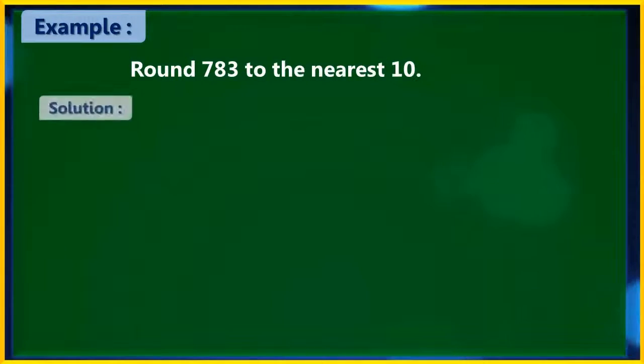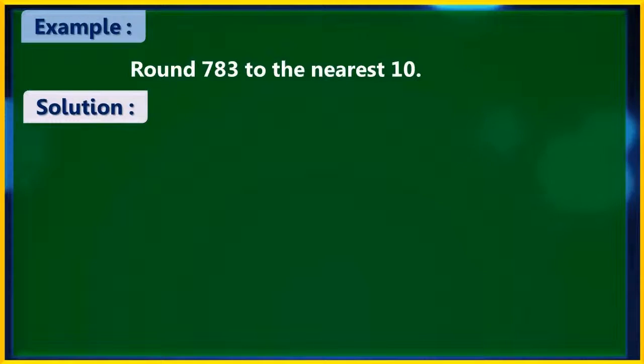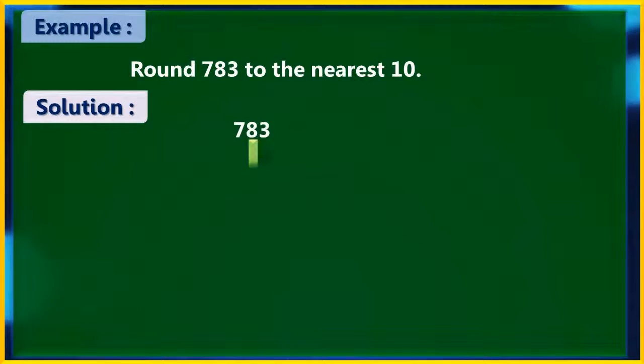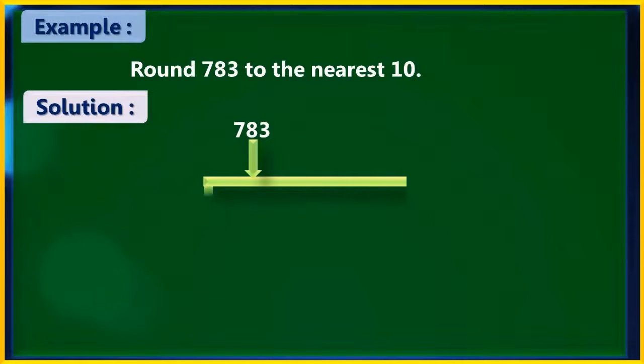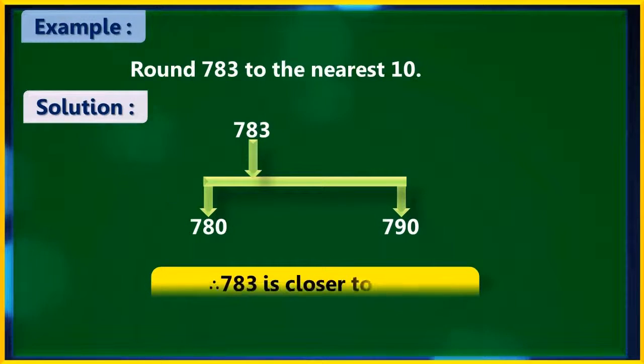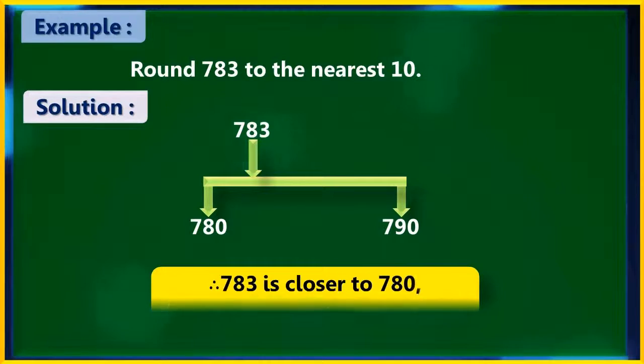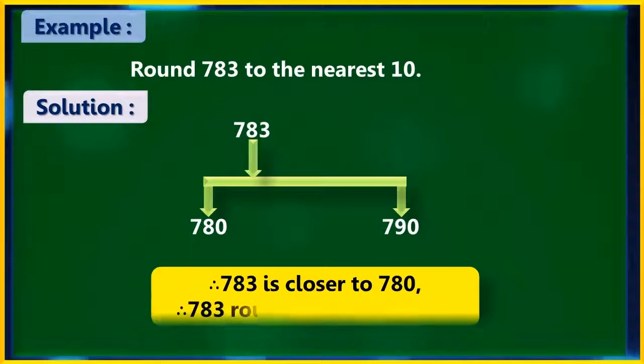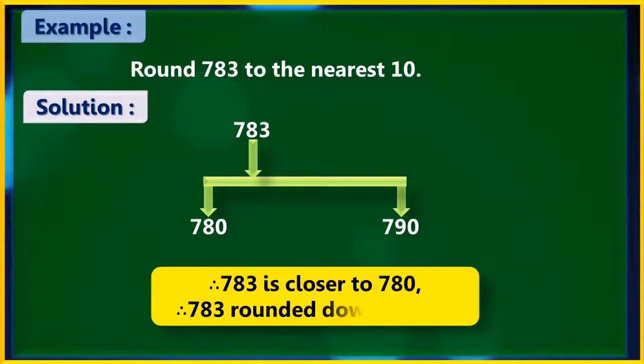Solution: since 783 comes between 780 and 790, and 783 is closer to 780, therefore we round down 783 to 780.